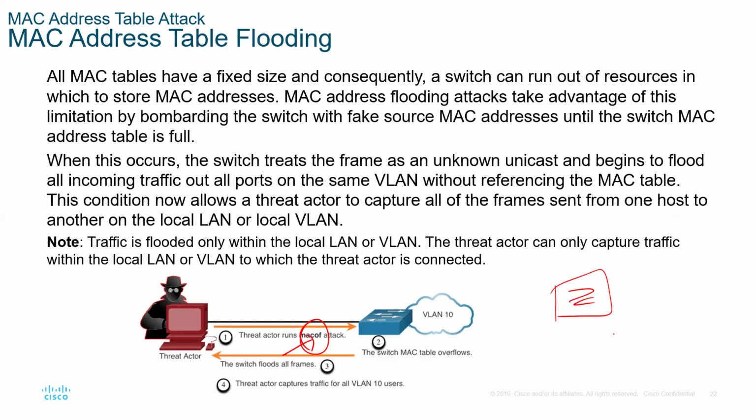So for example, if our attacker on the network sends unique frames until the table is full, it means even if this one tries to send legitimate traffic, this switch will flood. It will flood even to the attacker. That is what flooding is, broadcasting.